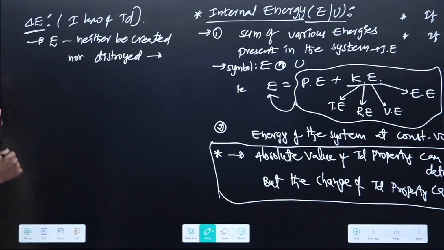That is a law of conservation, even a universal law.